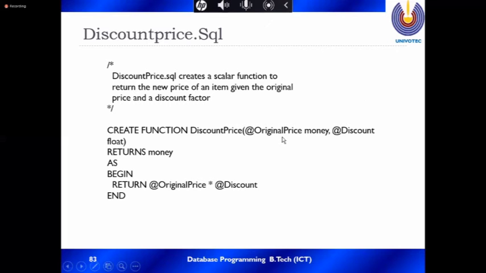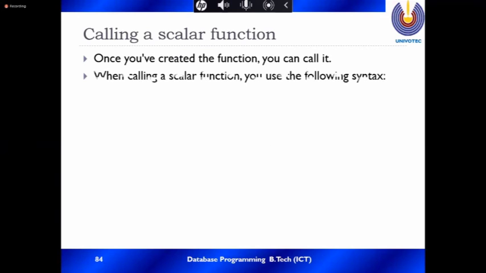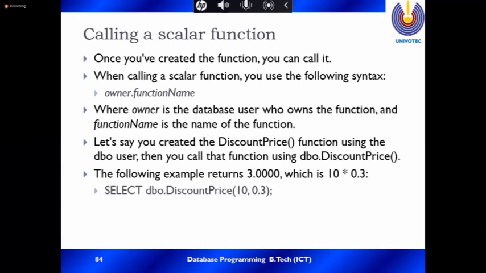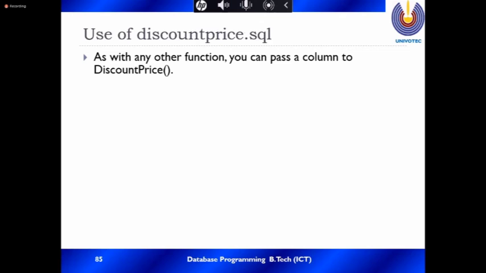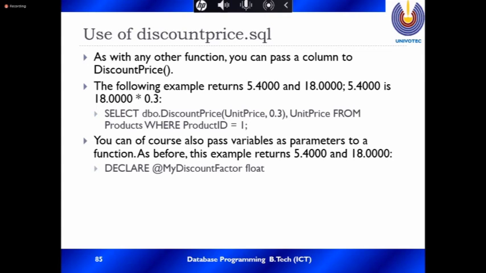Now, calling the scalar function, it is this way. Now we can use the parameter also. Of course, you can also pass a variable as a parameter to a function.